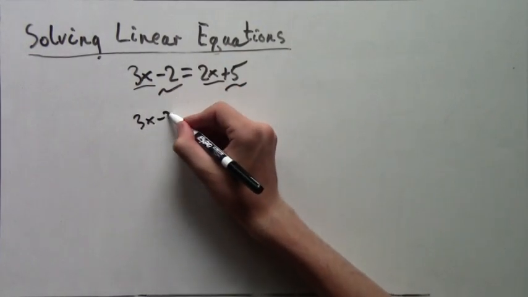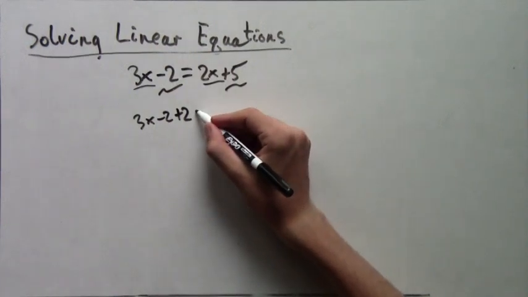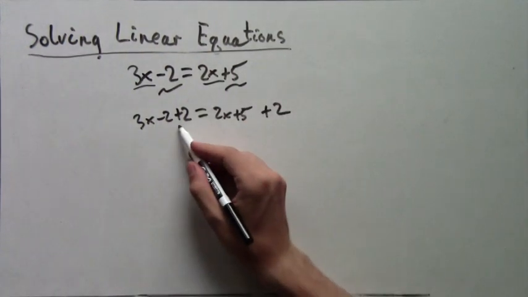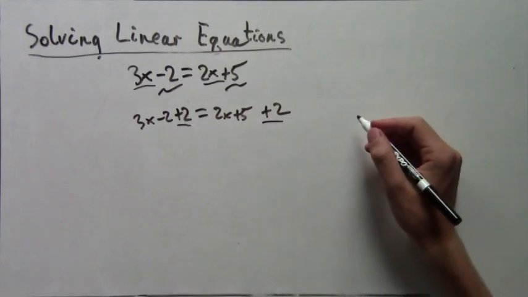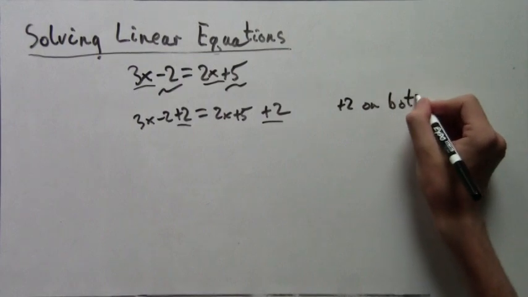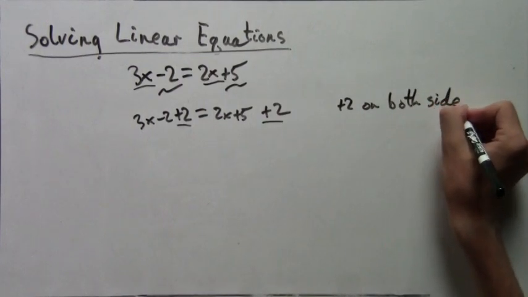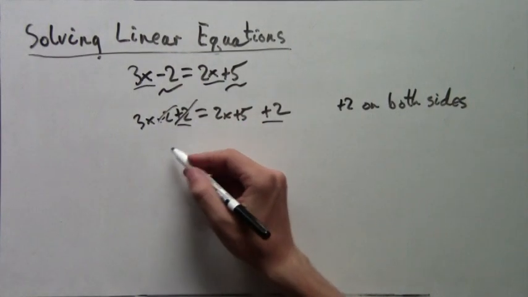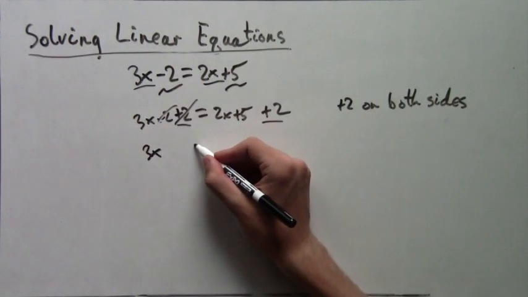So we want to isolate x on one side and move all the other numbers to the other side. So we're going to add 2 to both sides. We are doing the same thing to both sides of the equation so the equality remains true. And adding 2 gets rid of the minus 2 on one side because it's the opposite. Minus 2 plus 2 is just 0.